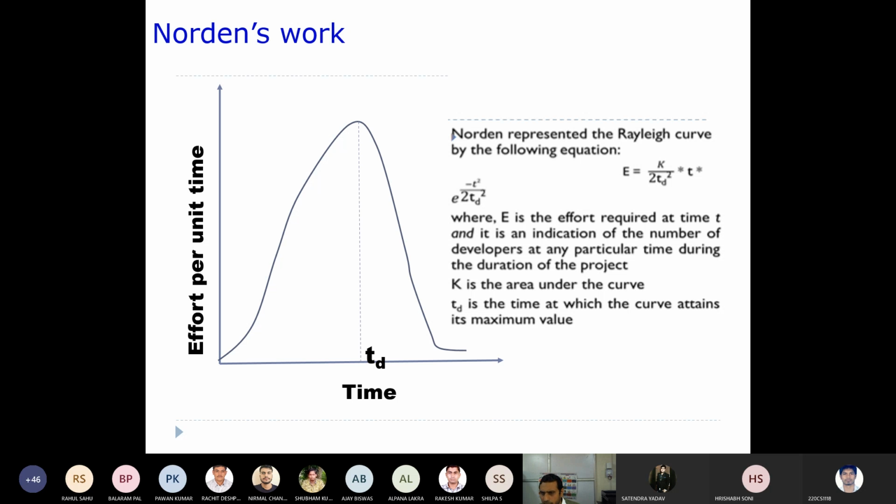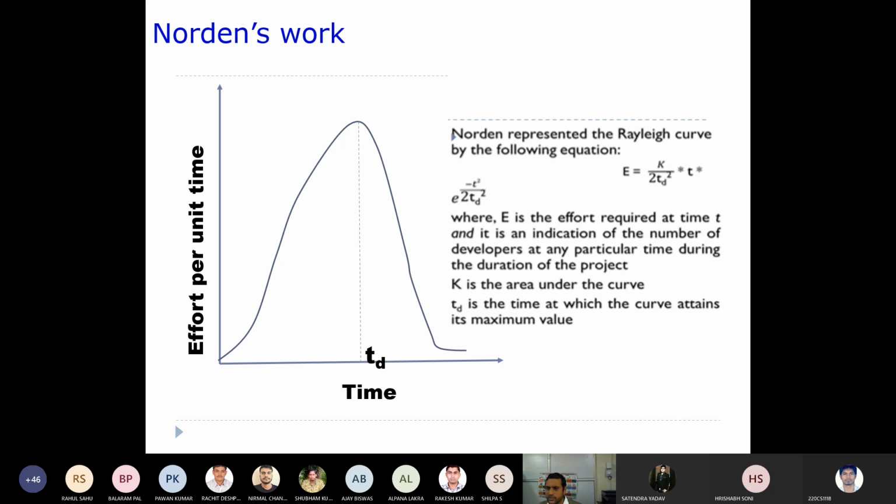It tells you the number of developers at any particular time. As I told you, at time td you require the maximum number of developers. So at every time point, you know how many people you really require. This is the approximation.